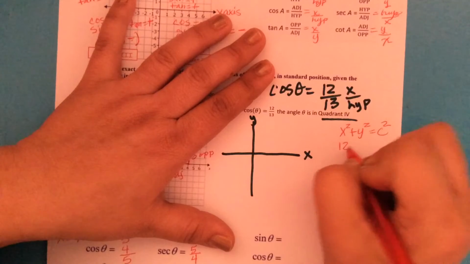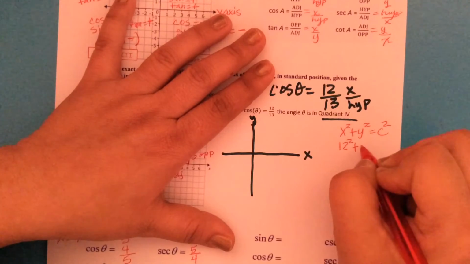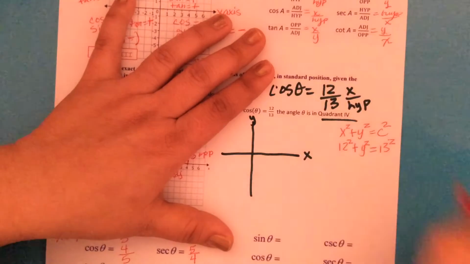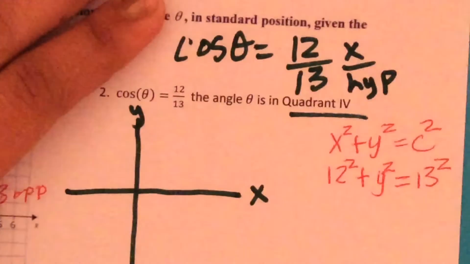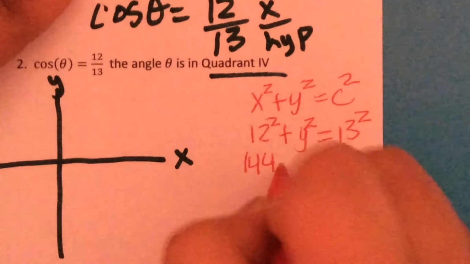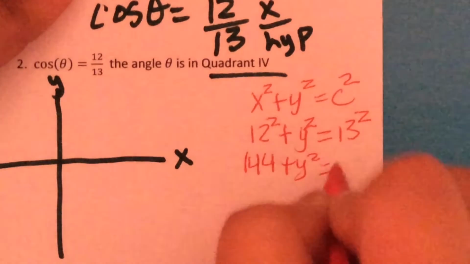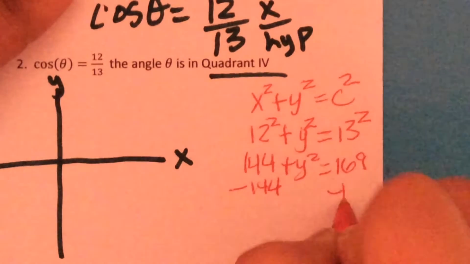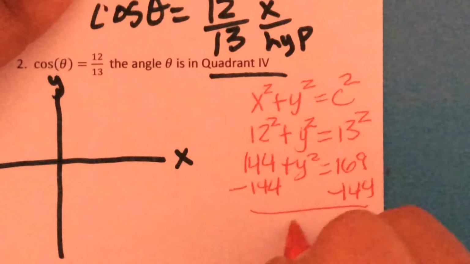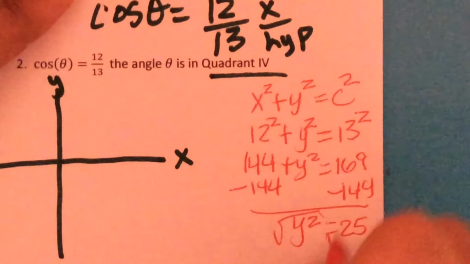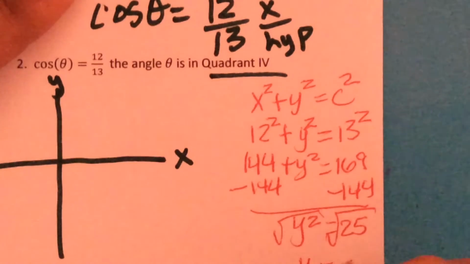So X is 12. We don't know what Y is. And then 13 squared. So now we're going to do 144 plus Y squared equals 169. Subtract the 144. And so you're going to have Y squared equals 25. Take the square root. So Y is 5.